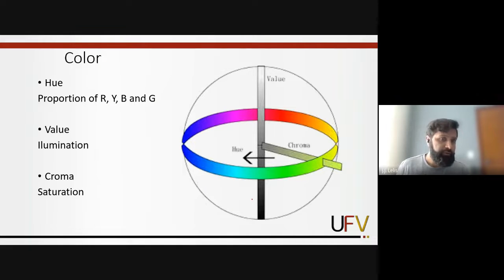Color is described according to three properties. The hue, that's the proportion of red, yellow, blue, and green. So the hue is a proportion of spectrums. Like I can see here, I can see the blue, the red, and something between them.